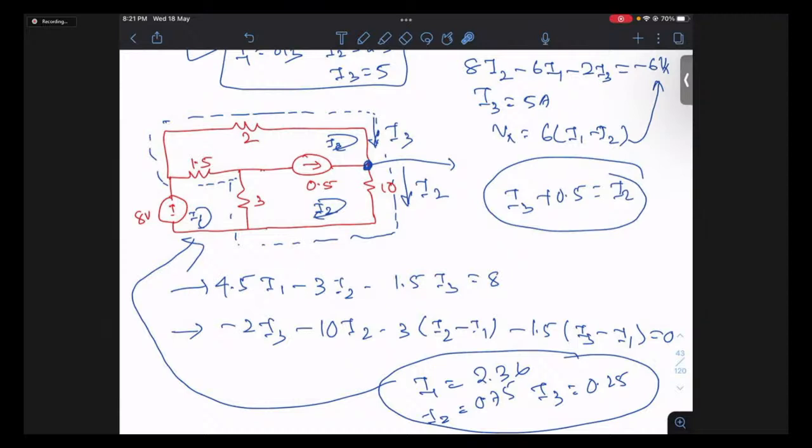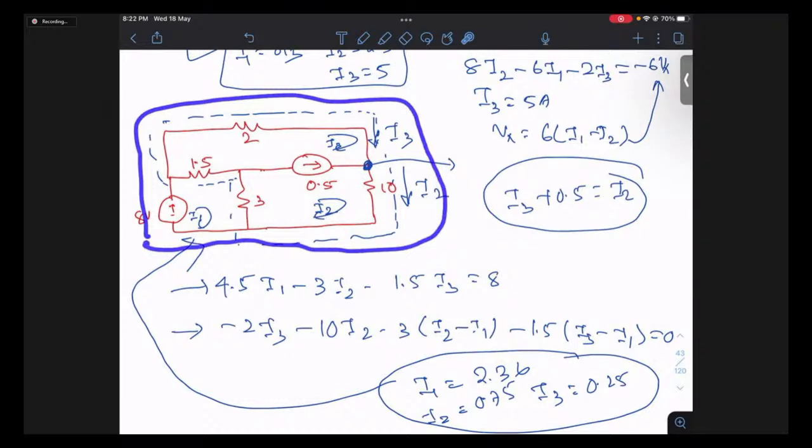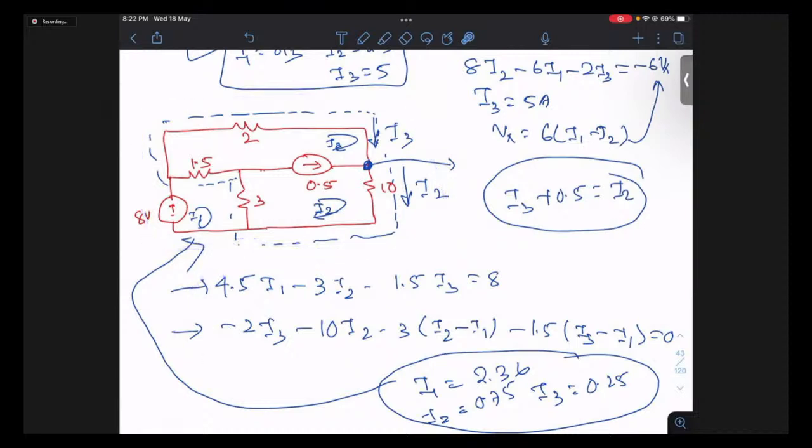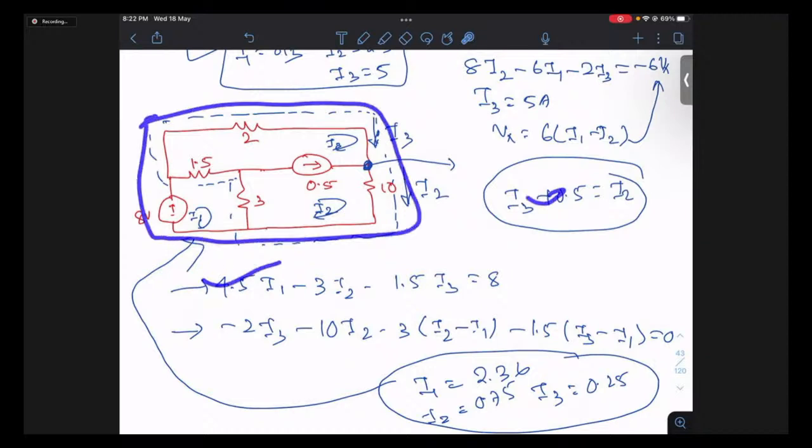If you don't want to write it, what you do is write the KVL in this outer boundary. So you get a third equation. By solving the third equation along with these 2, and writing the KVL equation of this, you solve these 3 and you get the same answer again. That's what I mean.